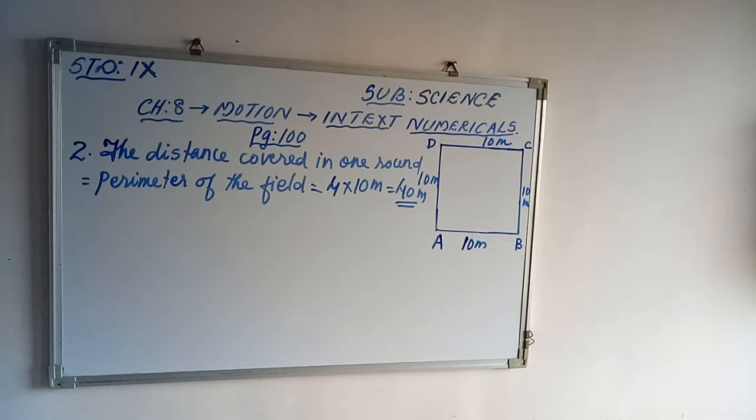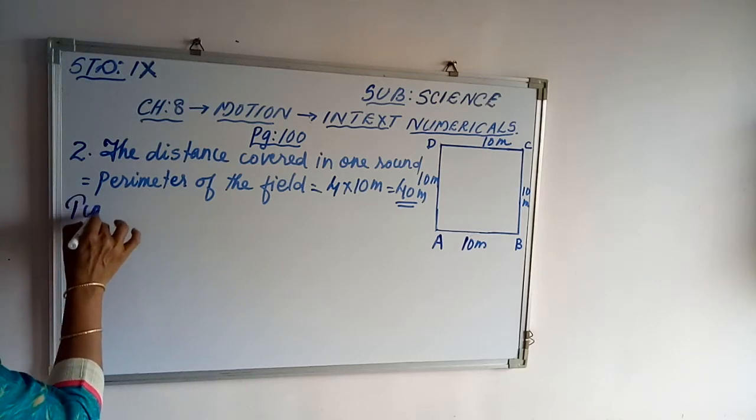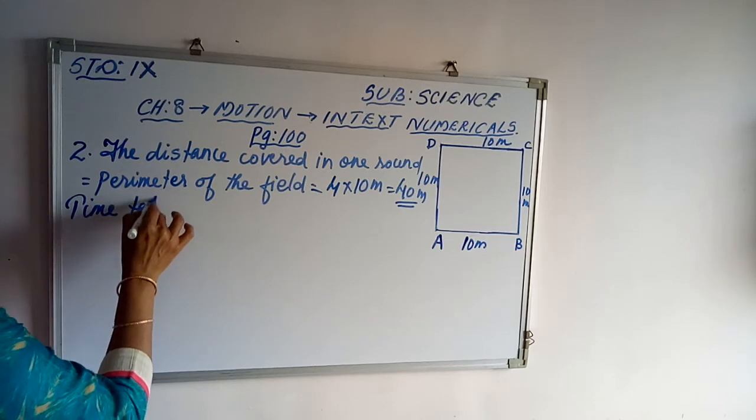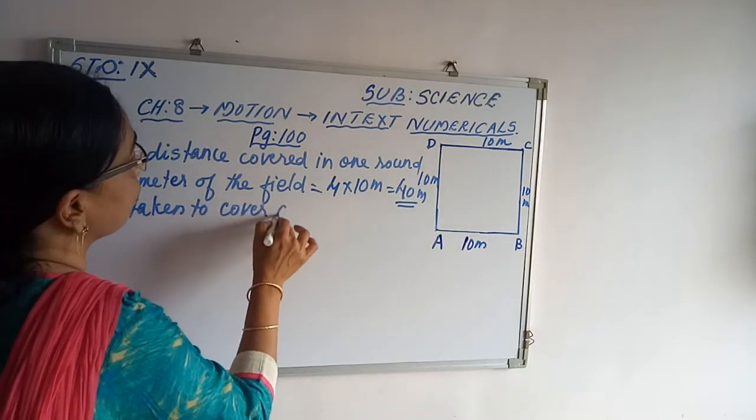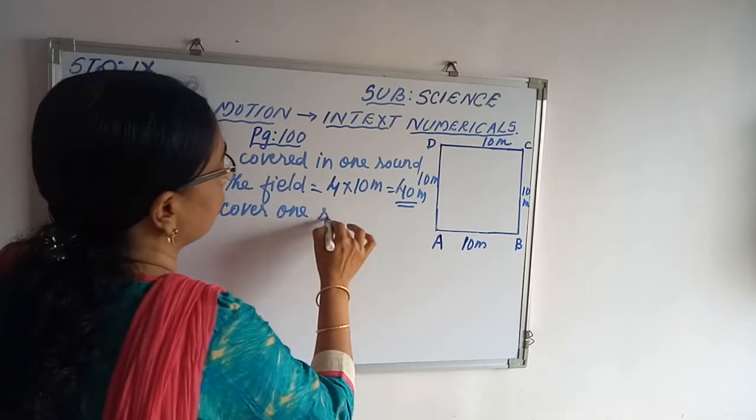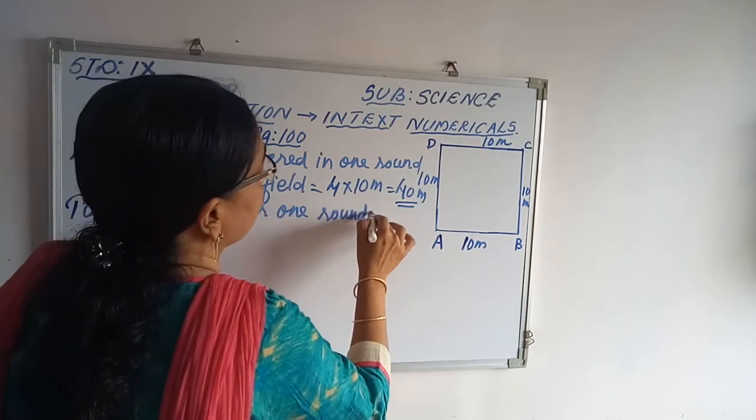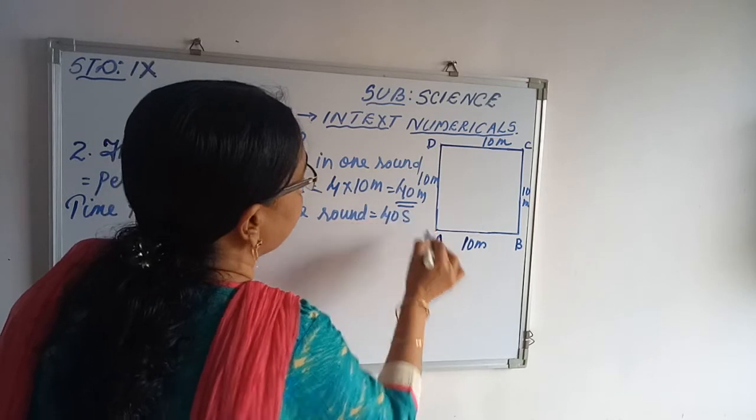Okay, now the time taken by the farmer to cover one round. How much is it given there? Already given in the question, 40 seconds. So time taken to cover one round is 40 seconds.